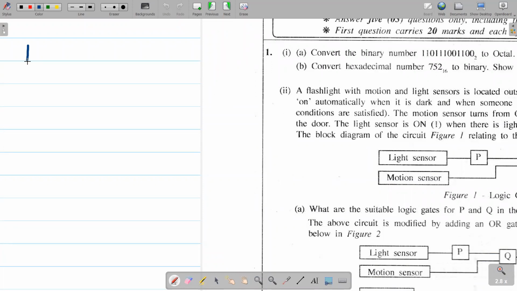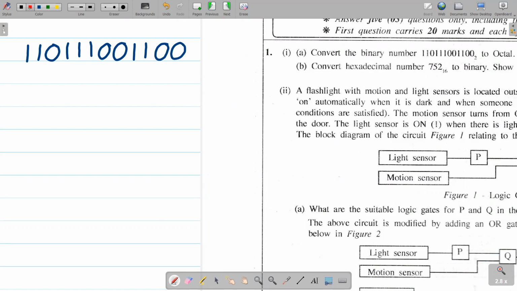So we have 1 1 0 and another 3 ones and then 2 zeros, and 2 ones and 2 zeros, right? Let me double check. 1 1 0 1 1 1 0 0 1 1 0 0. Yes.